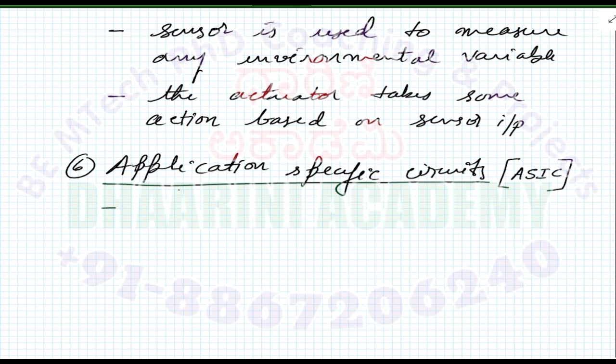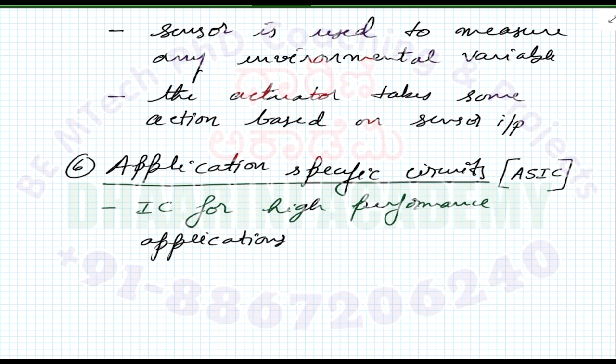I cannot make my system very big whenever I want to go for a very highly complicated application. So what you do is design the ICs, that is integrated circuits, for high performance applications. Now, in order to reduce the cost, we always go for integrated circuit manufacturing.